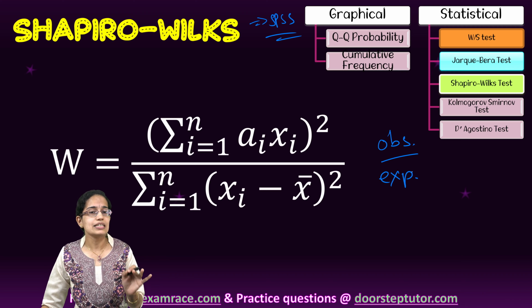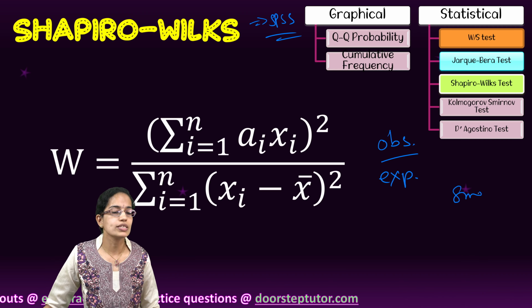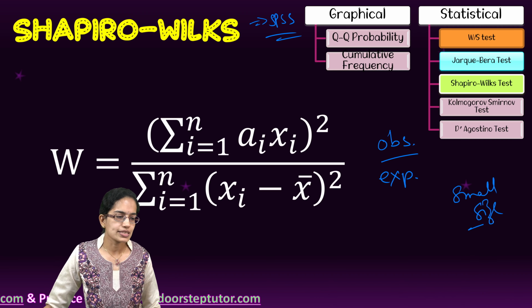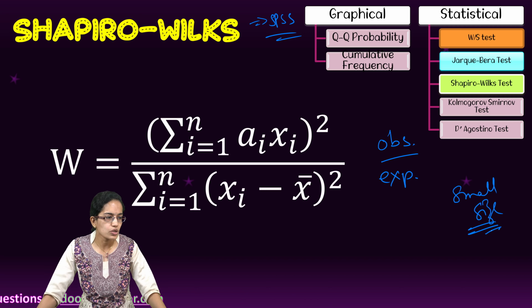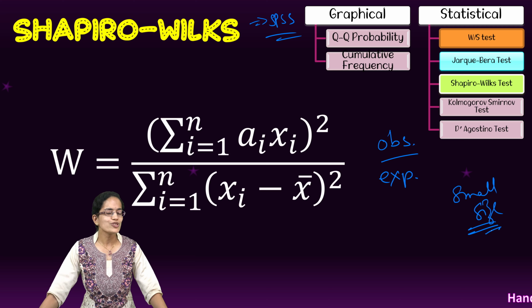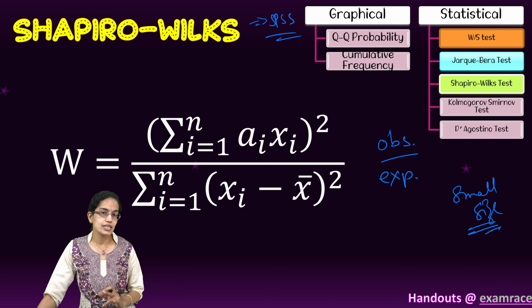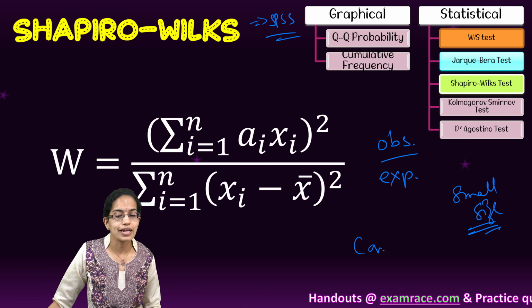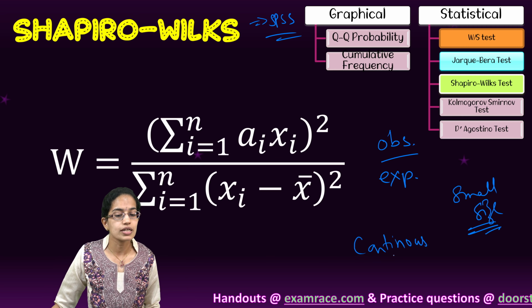The test here is biased by a small sample size. So a small sample is not considered a good idea for a Shapiro-Wilks test, and continuous data is also a prerequisite. So it is applied to continuous data, not discrete data.